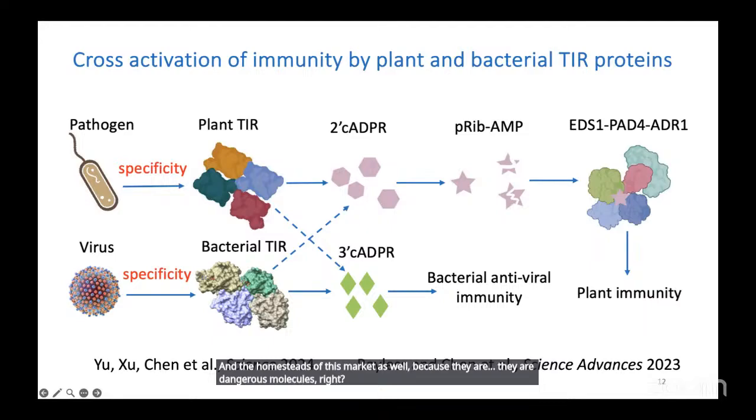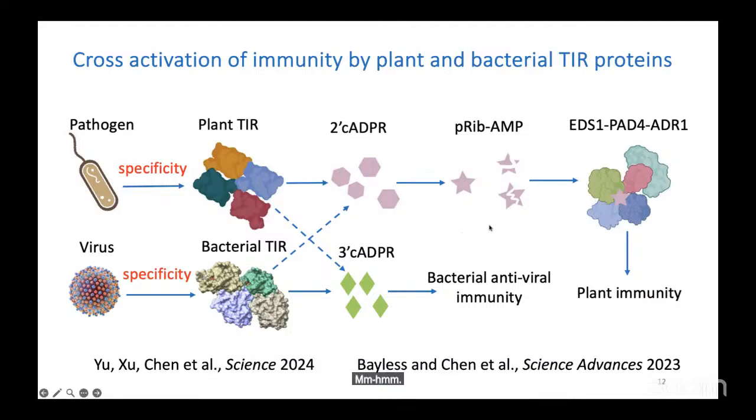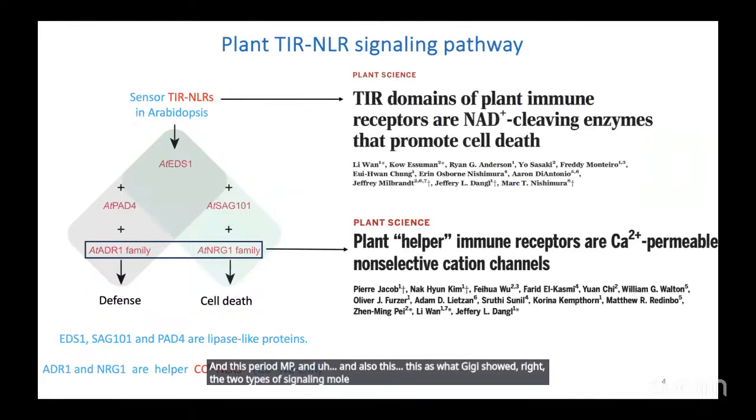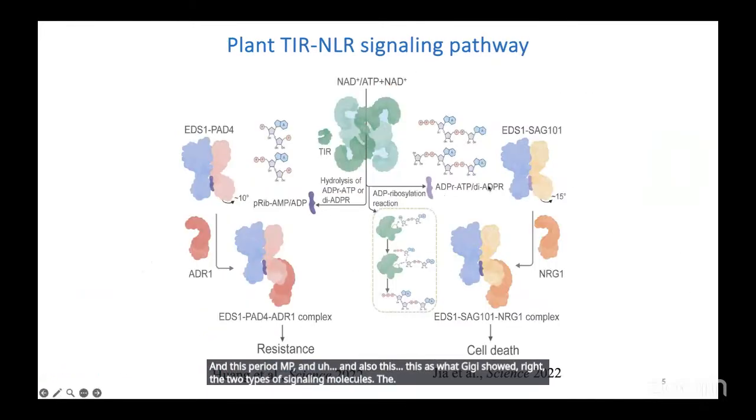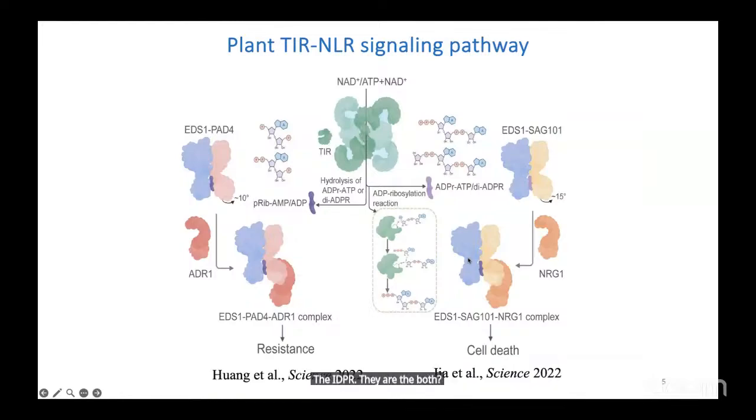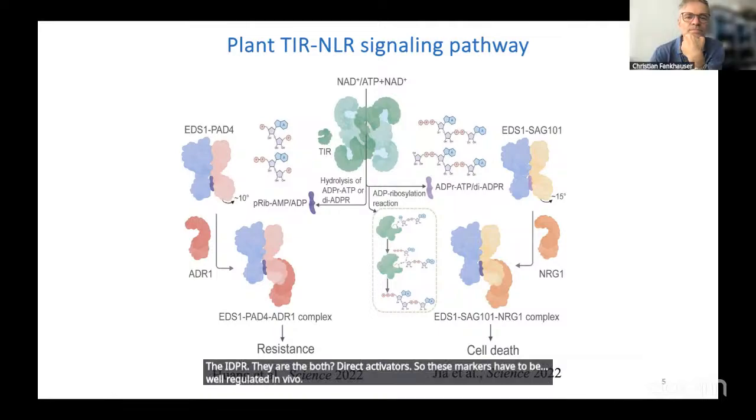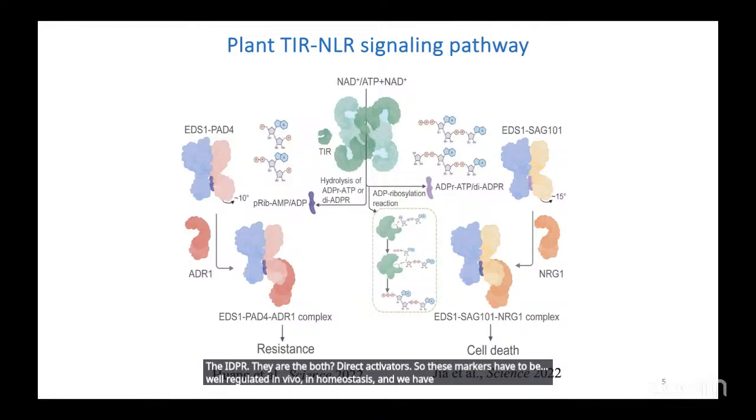They directly activate immunity, and this pRib-AMP and the single molecules, pRib-ADP and ADPR-ADP, di-ADPR, they're both direct activators. So these molecules have to be well regulated in vivo in homeostasis. And we have identified some enzymes involved in the homeostasis of these molecules in collaboration with GG.